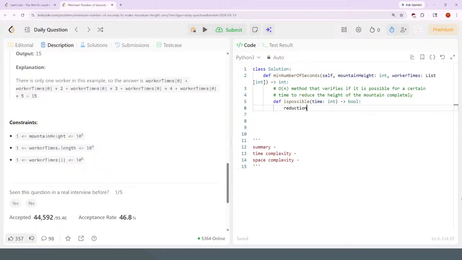So reduction is going to be 0, and for every, let's say, t in worker times, I need to determine how much reduction can be done in a certain overall time given a worker time.